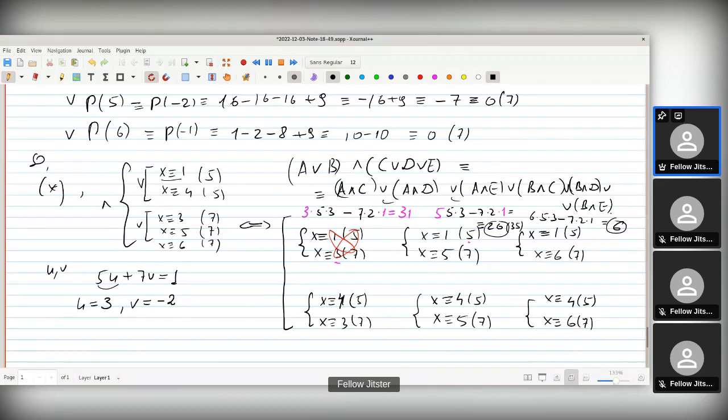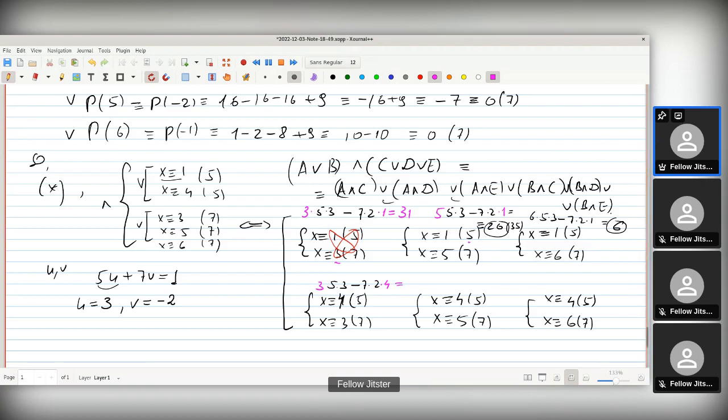Here, the same numbers, 5 multiplied by 3 minus 7 multiplied by 2, but now this one with 5 will be multiplied by 3, and this one now by 4, or by minus 1, which is the same modulo 5.